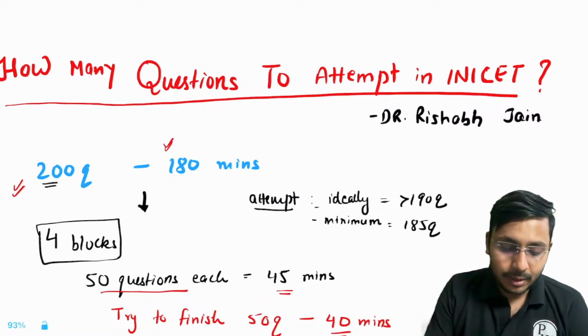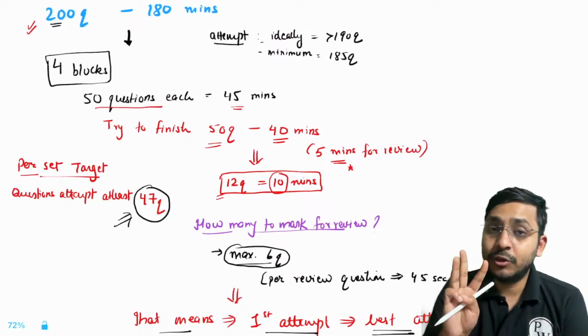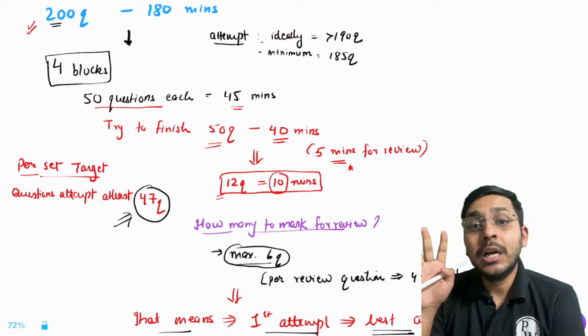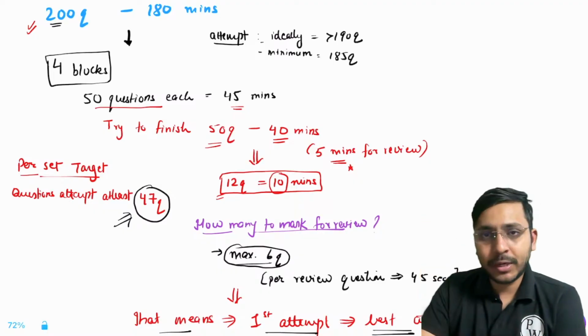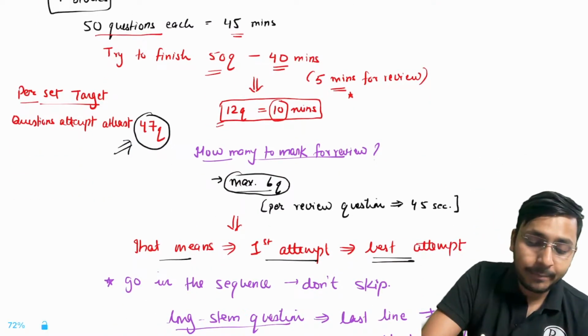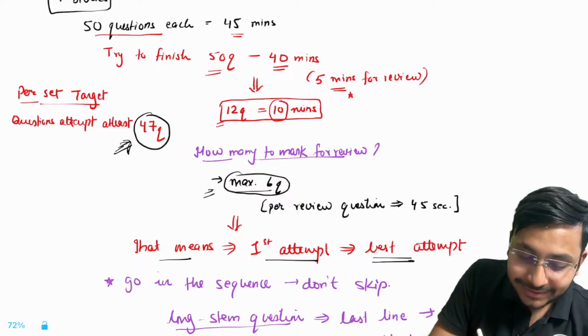That means per block you have to attempt 47 questions; 3 questions you can leave. 3 into 4 is 12, which makes a total attempt of 188, which is a good attempt. Ideally 190 plus, but 188 is also a good attempt. So out of 50 questions in a block, attempt 47 minimum, and mark for review 6 maximum.